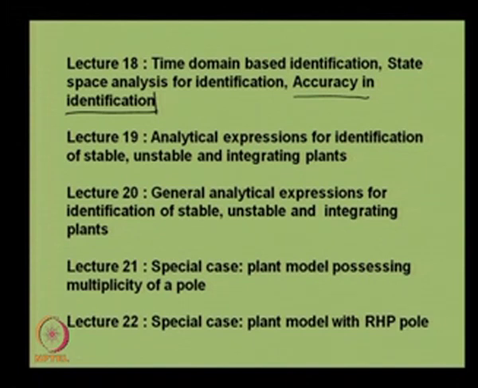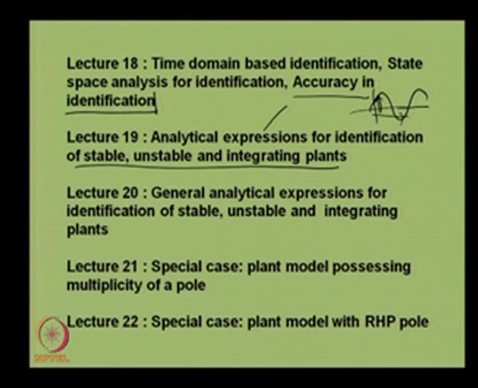Now, lecture 19 will be analytical expressions for identification of stable, unstable and integrating plants. The analytical expressions will be based on the shape of the output of the plant which is subjected to a relay feedback. As we have seen earlier, the output will be mostly a symmetrical periodic output with certain peak amplitude and period.